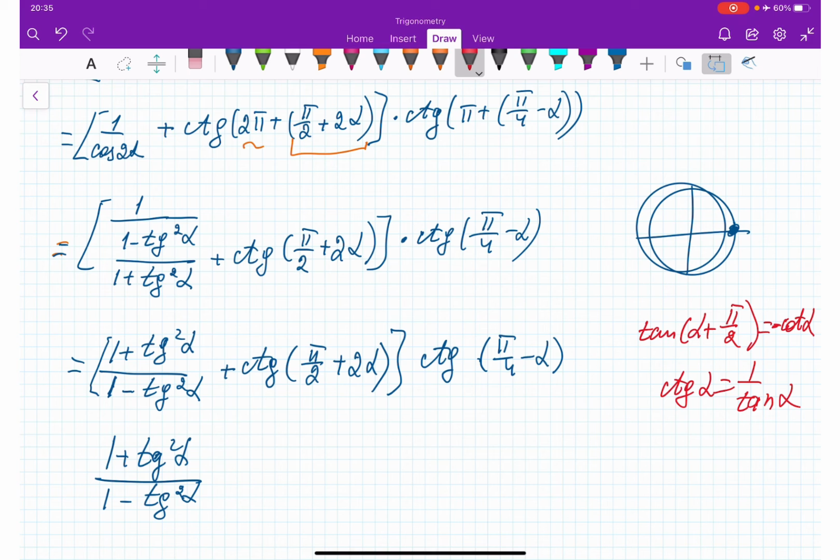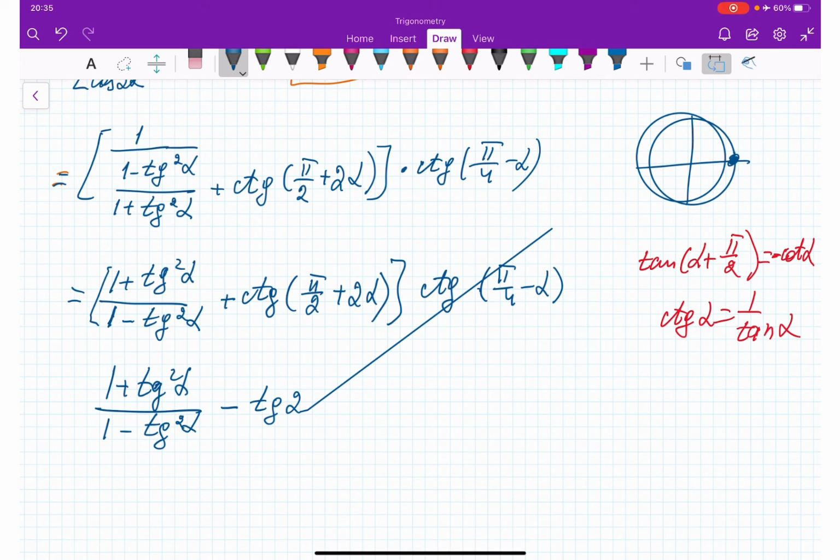From here, it's going to be minus tangent 2 alpha. Okay? We take in parentheses.